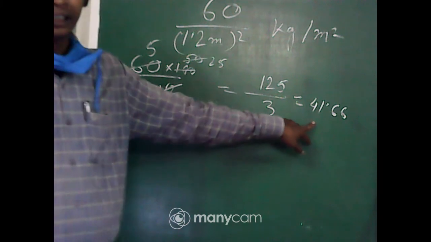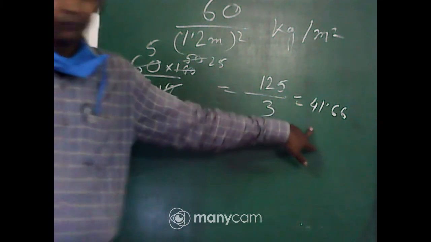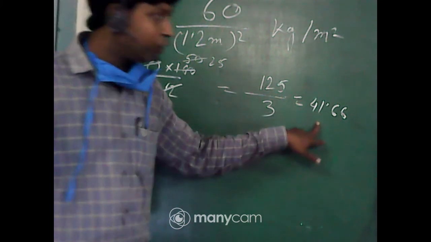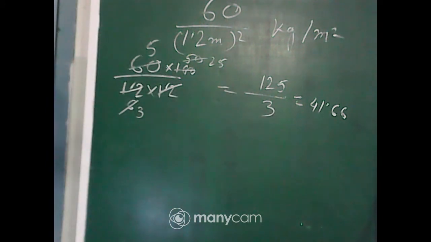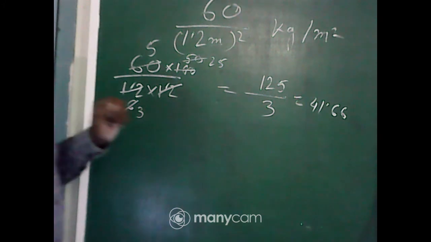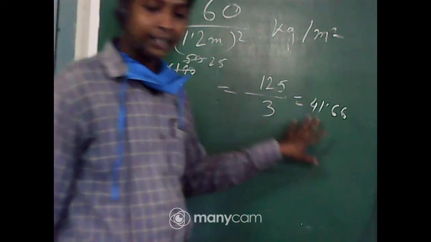According to the category, this is greater than 40. So that individual belongs to class 3 obesity.